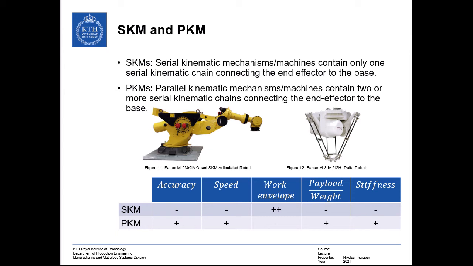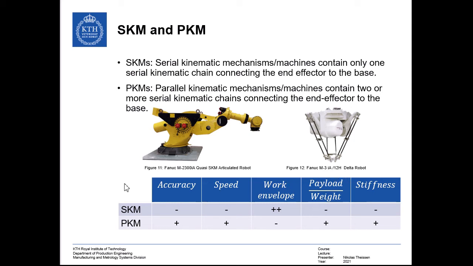One aspect that is significantly different, as mentioned before, is the work envelope. So we can find that the biggest robot that is currently commercially available offers a reach of about 4 meters, which is the Fanuc M2300, which you can see here on the left. The parallel kinematic mechanism with the highest reach currently available on the market is the Fanuc M312H, which has a reach of about 1.5 meters.